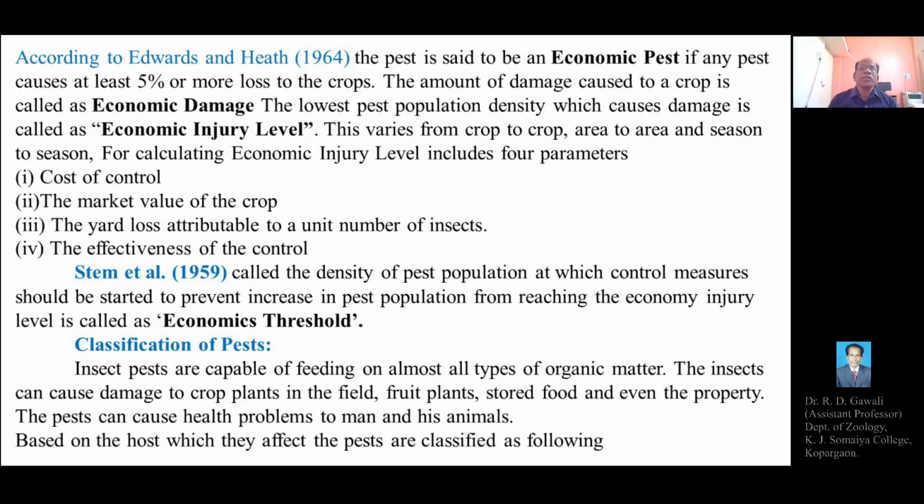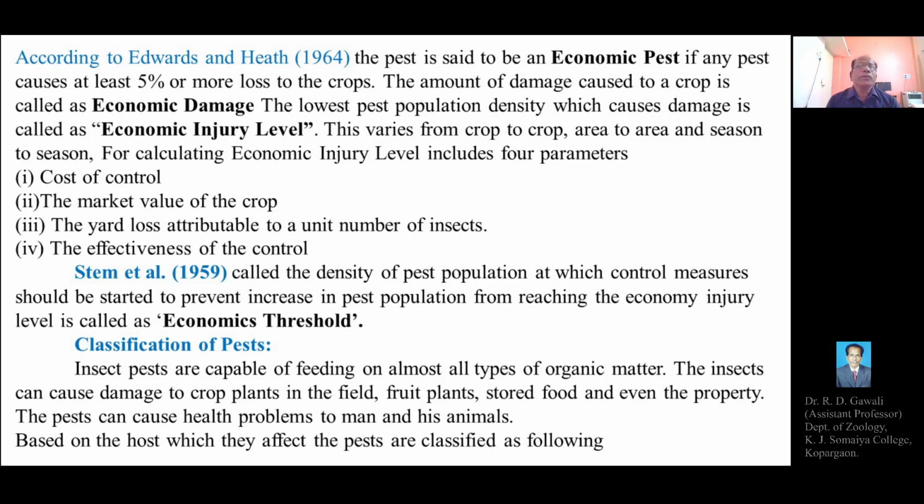And the lowest pest population density which causes damage is called the economic injury level. This varies from crop to crop, area to area, and season to season.